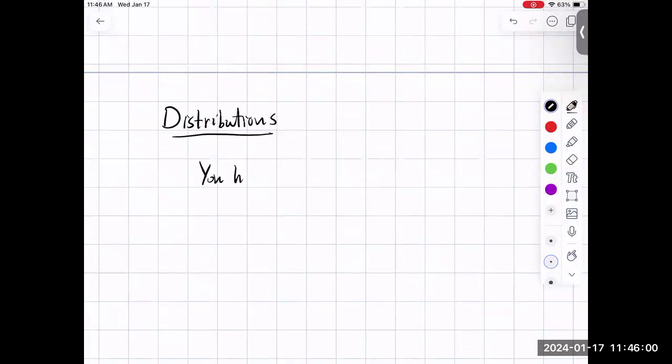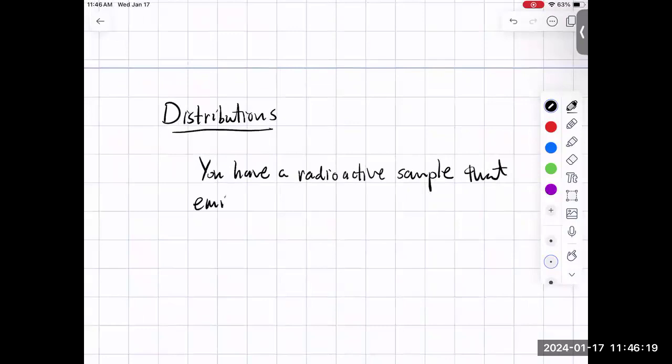So you have a radioactive sample. This is just some material that maybe emits electrons, maybe it's doing beta decay or something like that. So beta decay.